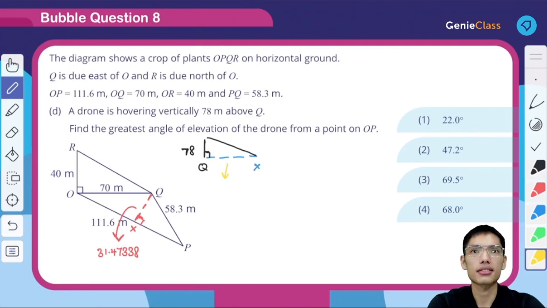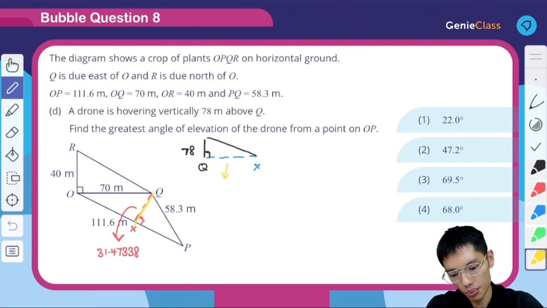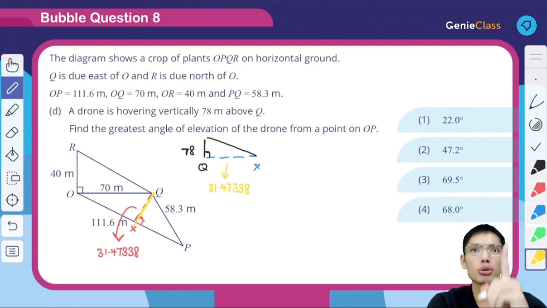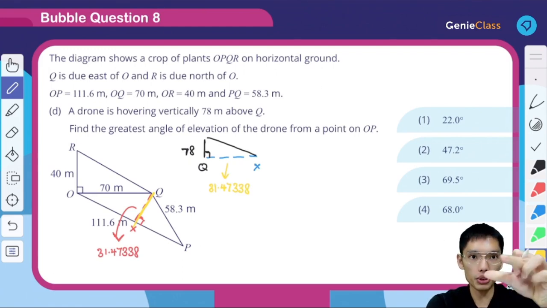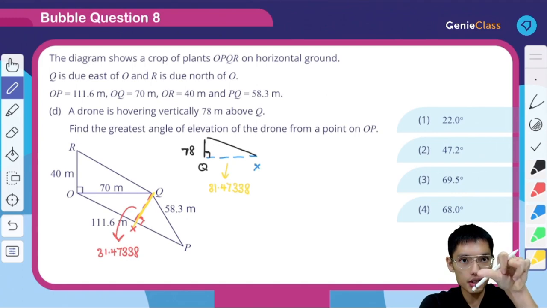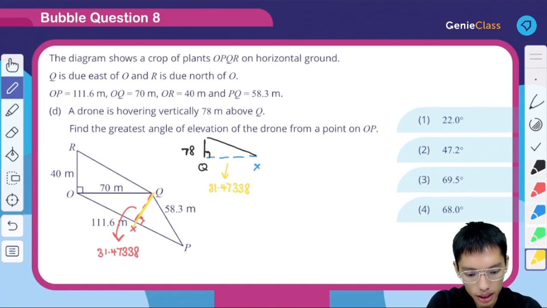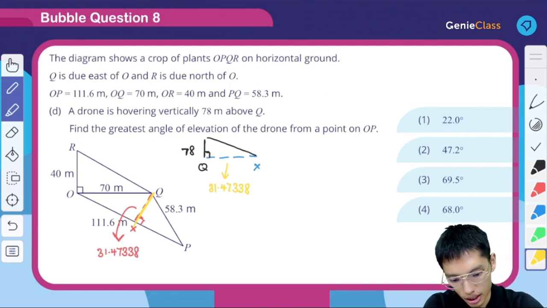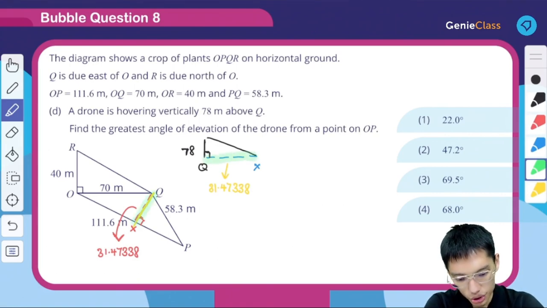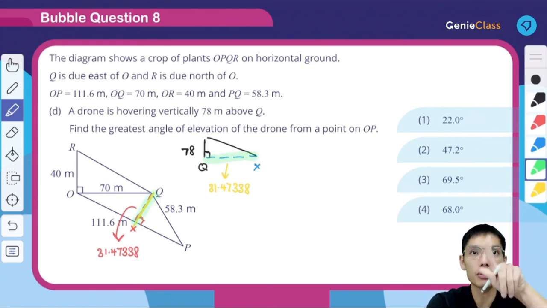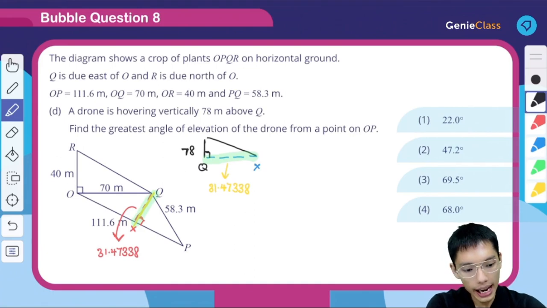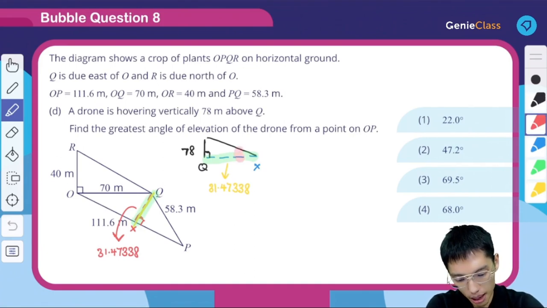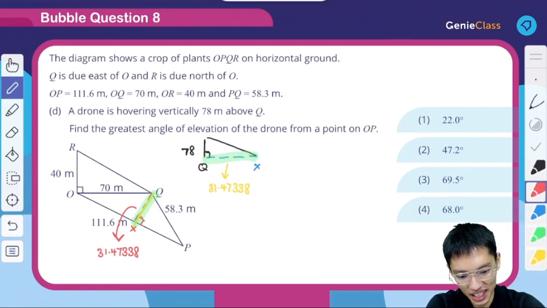What is QX? You realize this way, if I look up, isn't this my QX? 31.47338. Because from that point I'm looking up, the reference distance I'm looking at, going up, is going to be this length over here. Once from here I look up, hovering vertically up, angle of elevation, looking upwards, won't it be this angle over here?